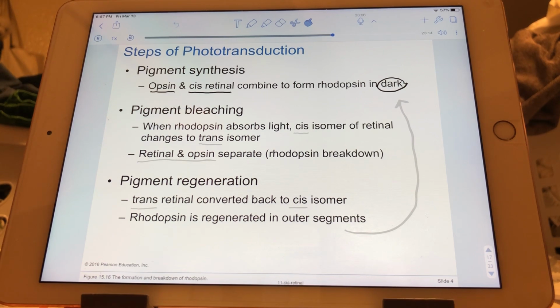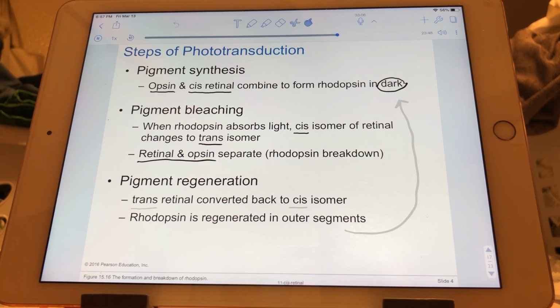When that complete photopigment absorbs light, the cis form of retinol will change into the trans form. And, excuse me, the trans form does not have an affinity for that opsin, and so they separate. All right, so pigment bleaching and pigment breakdown, same thing, okay?